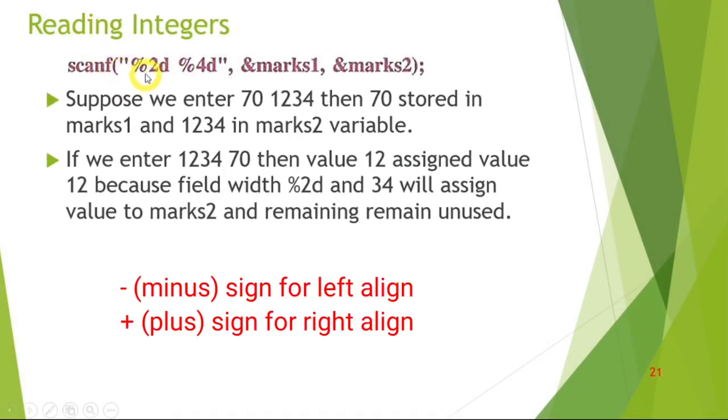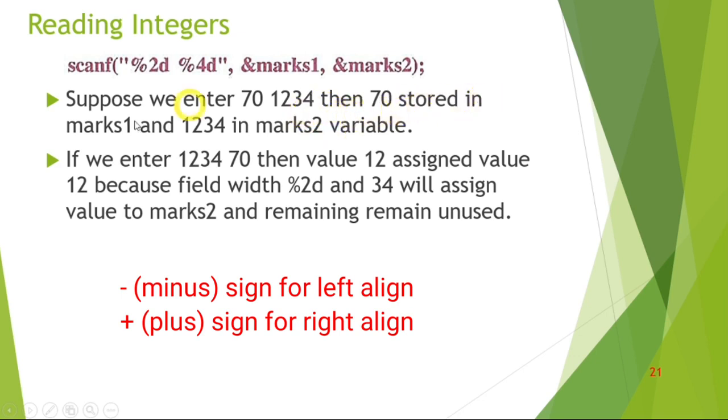Now scanf for this field width: %2d, so the width is 2, and then %4d. So marks1 is stored with %2d and marks2 is stored with %4d. An example is given here. Suppose we enter 70 1234.